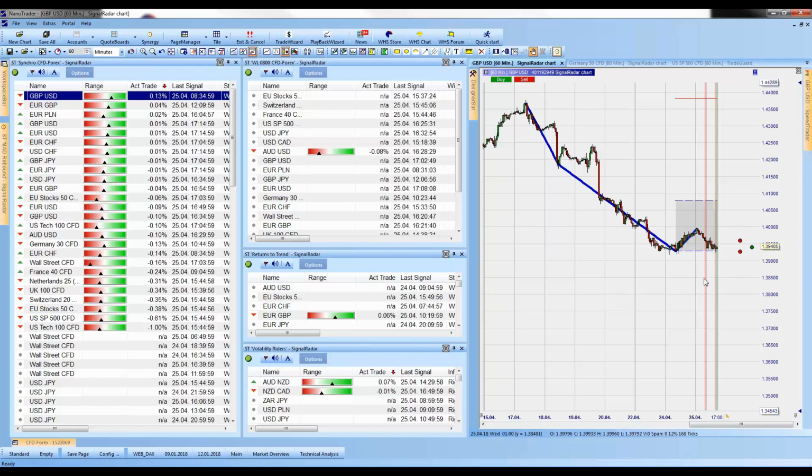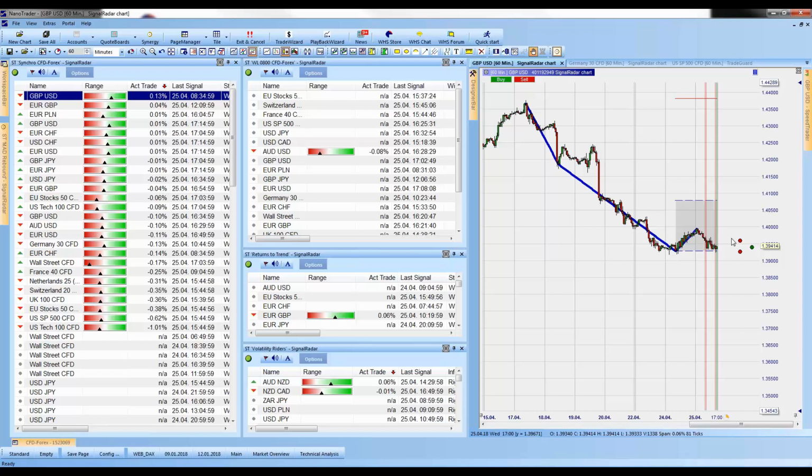Now, the first piece of information that we can see is that there are 3 live trades on cable. We can see that there is one long position and 2 short positions. This is given by the color of these dots.